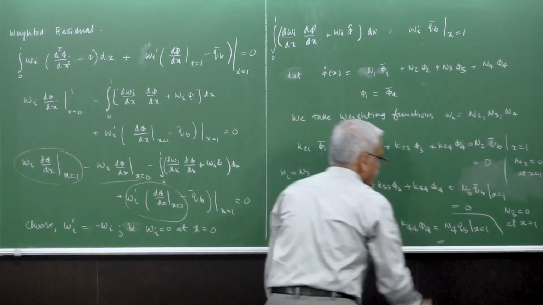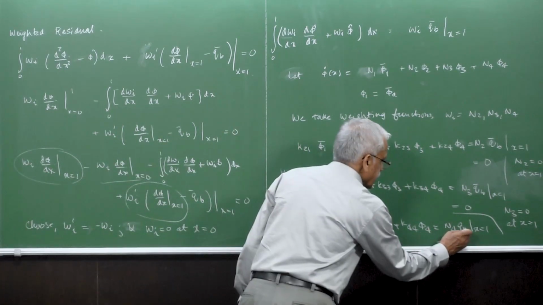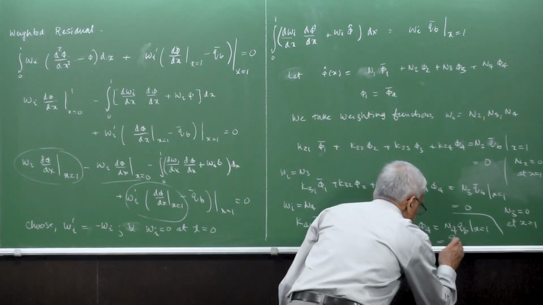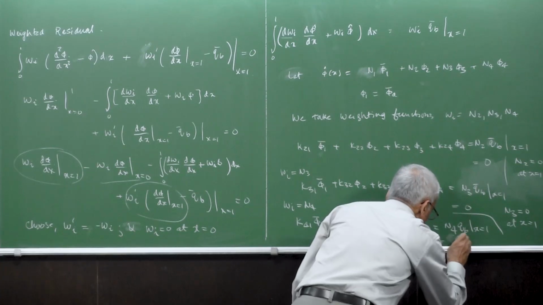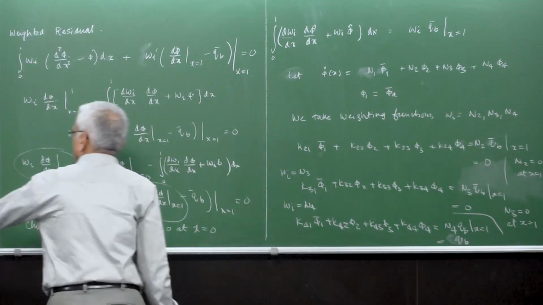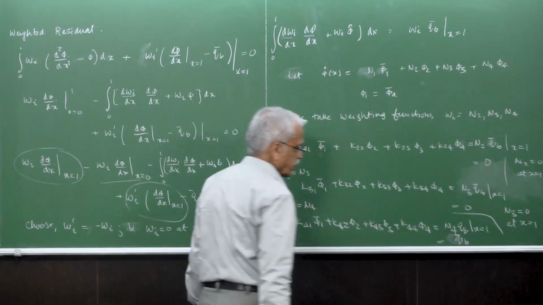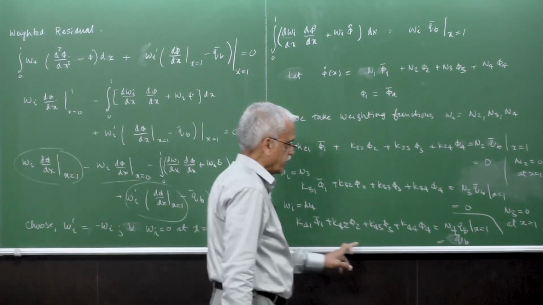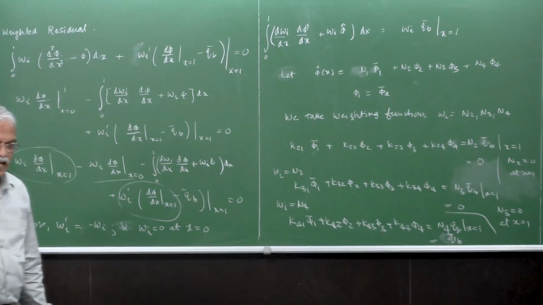So how much is this value? If you recall, N4 is equal to 1 at x is equal to 1. And so this is equal to QB, as prescribed by this boundary condition. This is the derivative boundary condition. So only for Wi becoming N4, you will see on the right side you have the derivative value.